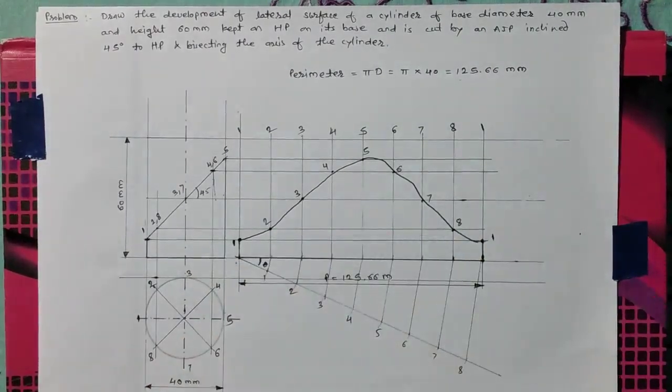And here we complete the development of the lateral surface of the cylinder of base diameter 40 and height 60 mm, kept on HP on its base, and cut by an AIP inclined plane at 45 degrees to HP and bisecting the axis of the cylinder. Okay, thank you.